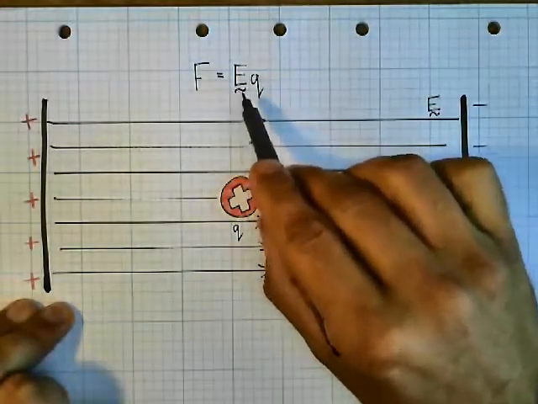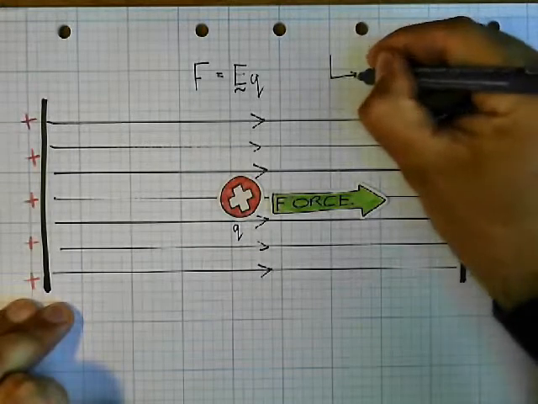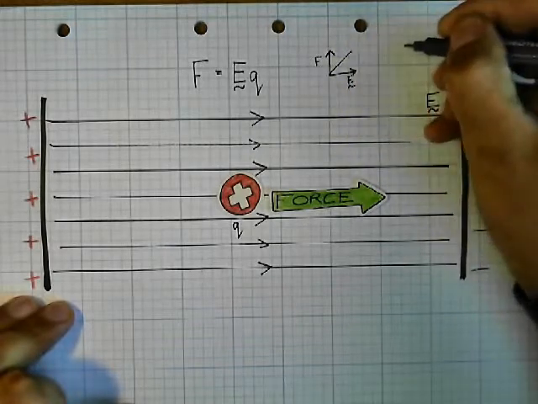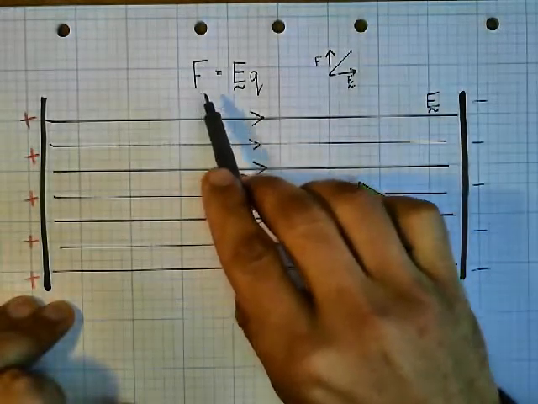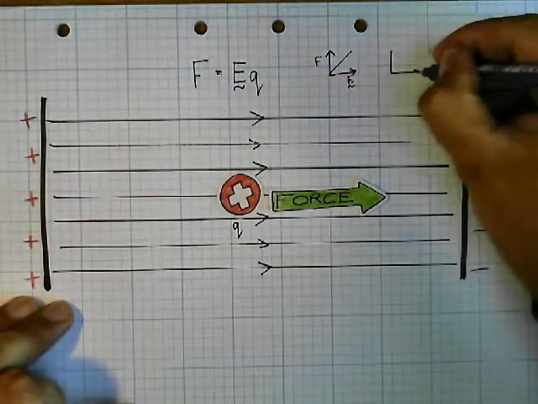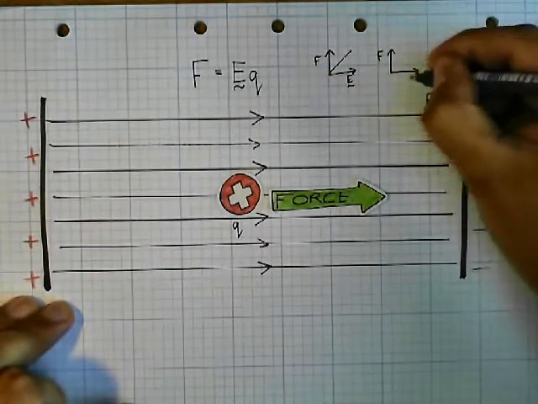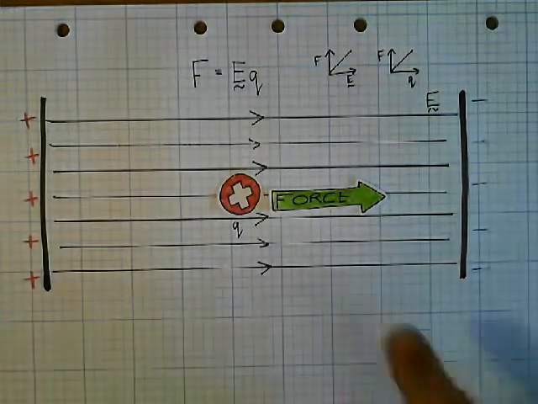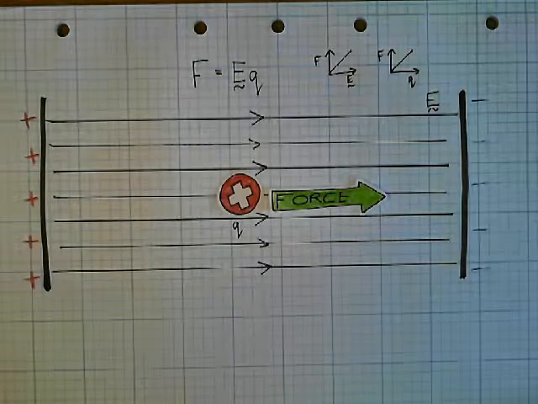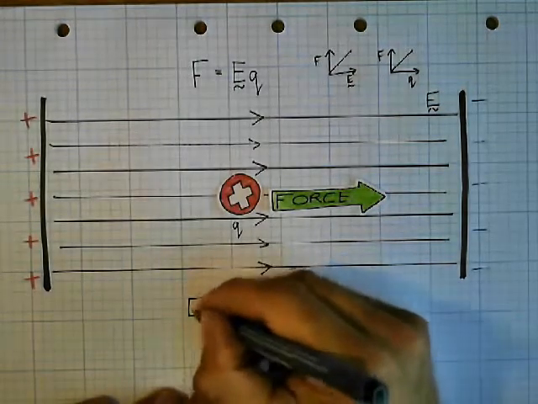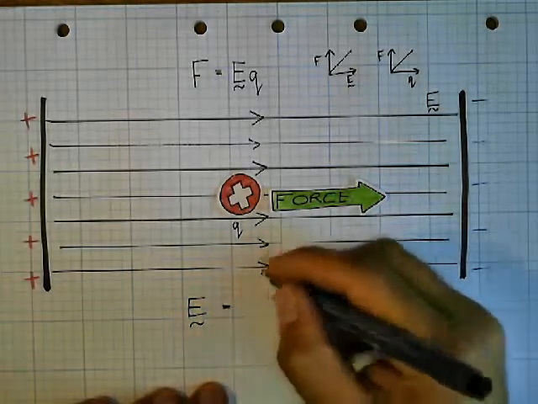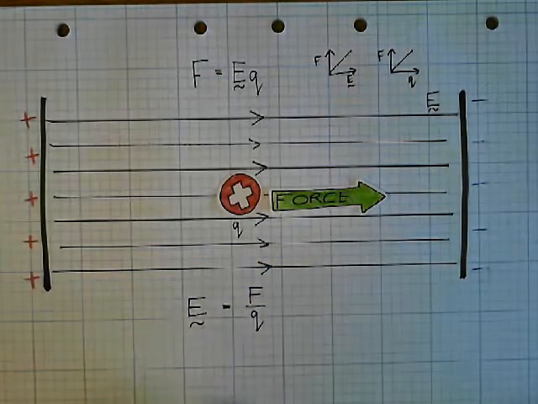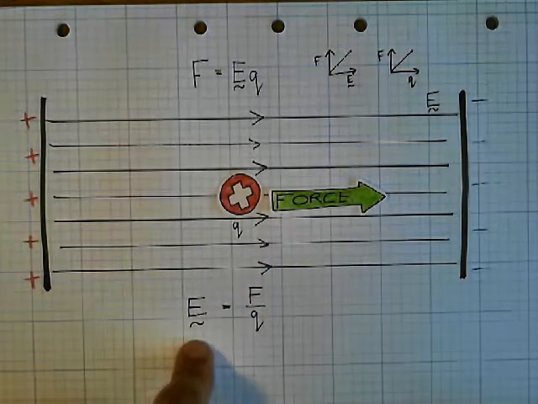We can see that force is directly proportional to the field strength. We can also see that the force is directly proportional to the charge. We can rearrange this formula and get this formula, which gives us a formula for the electric field strength.